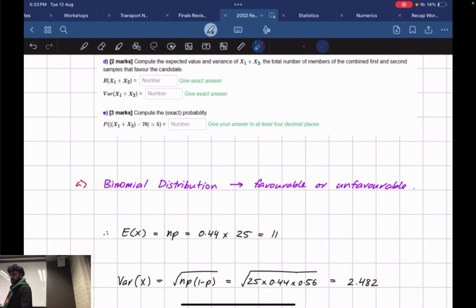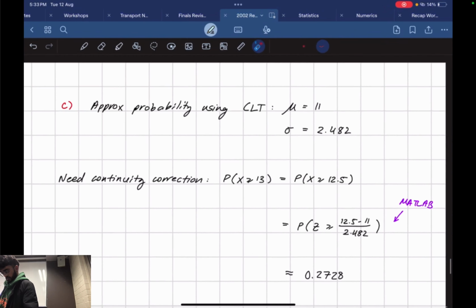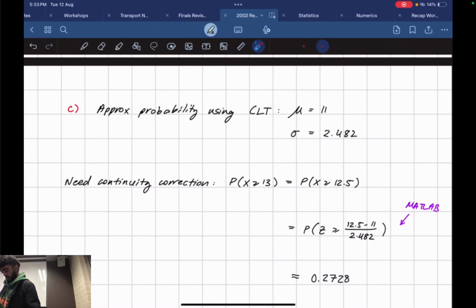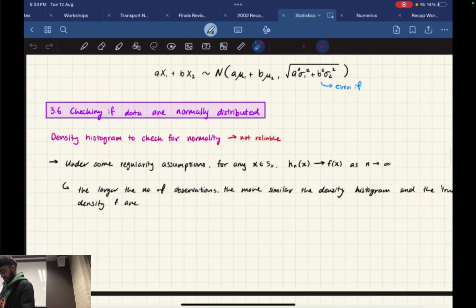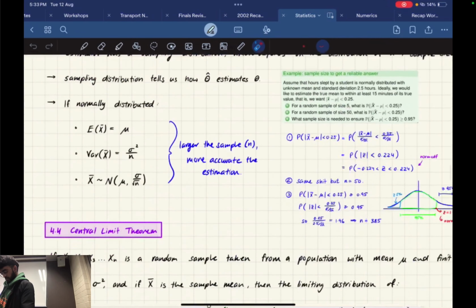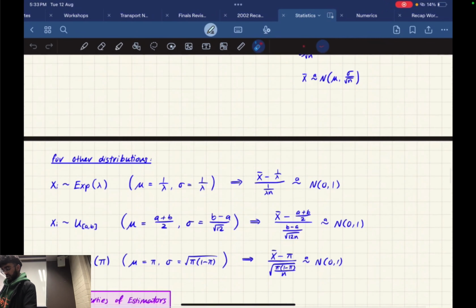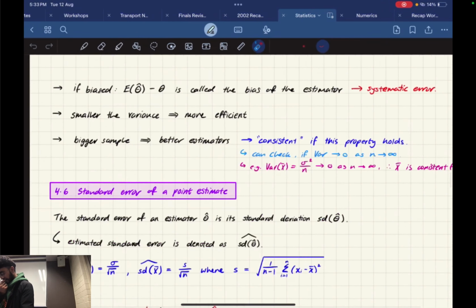When you plug that into your calculator, is that meant to be over square root n? I don't think so. Central limit theorem. Oh, I see what you mean. Probably.